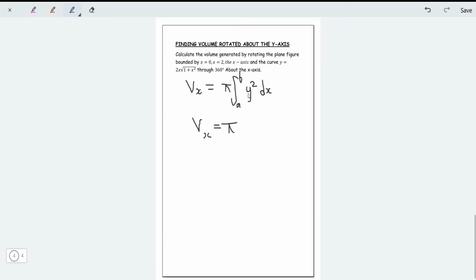Now, y squared, well, this is y, and I'm going to need to find what is y squared. Let me write it down. Y is equal to 2x times the square root of 1 plus x squared. If you're really quick, you don't need to write down y squared.